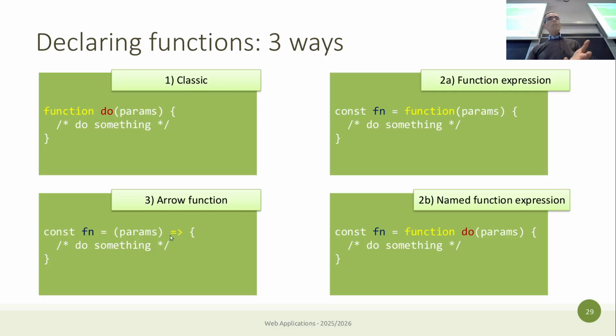Since it has no name, no possibility to give a name with this syntax, you need to assign it to something, so to a variable, or just use it where you need it. If you need to pass it to a function, you just write it as a value for the parameter when you call the function. We will see plenty of examples of this way of writing functions.